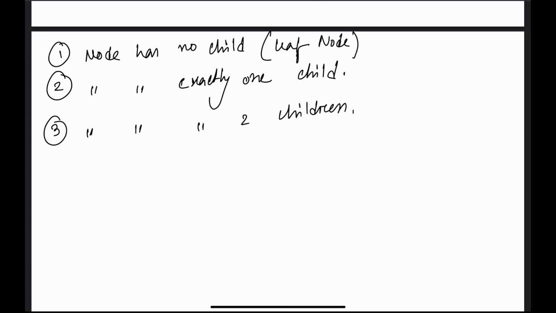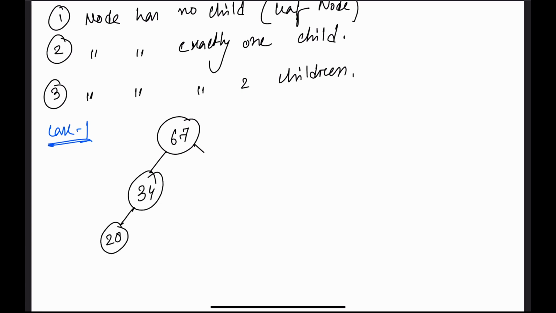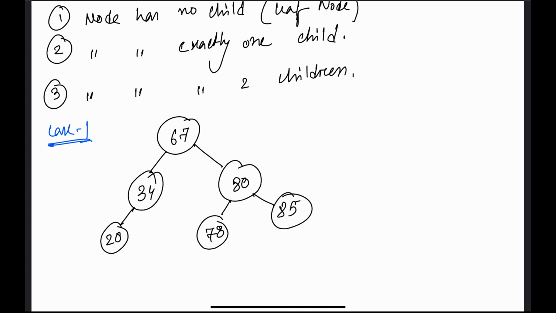Now we need to understand. For example, the case 1. For example, 67, 34, 20, and then 80, 78, 85. Now if you want to delete this one, you can directly delete it because it is a leaf node.